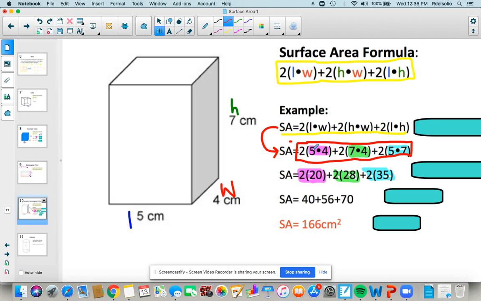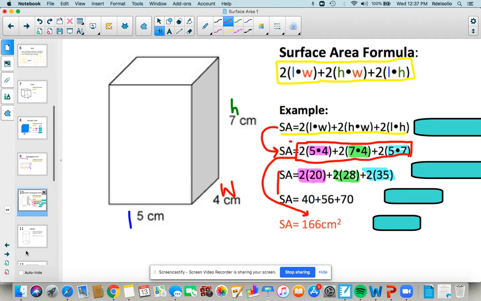You just have to remember to include the parentheses where you see them. So in a calculator, you'd have to do 2 parenthesis 5 times 4 close parenthesis plus 2 parenthesis 7 times 4 close parenthesis plus 2 parenthesis 5 times 7 close parenthesis. And if you use a calculator, it will skip these 2 steps and just give you the answer, as long as you set up the numbers in the correct places.